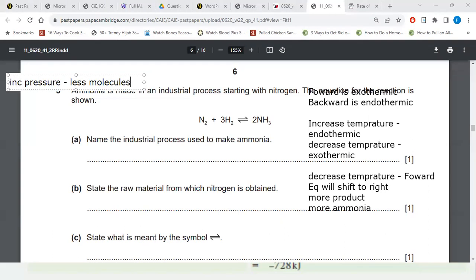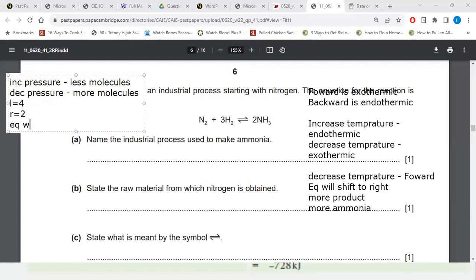And when I decrease the pressure, it will go to the side with more molecules. Correct. So how many on the left side and how many on the right side? Left side is 4, and right side is 2. Since the pressure is reduced, we will shift to the left side.